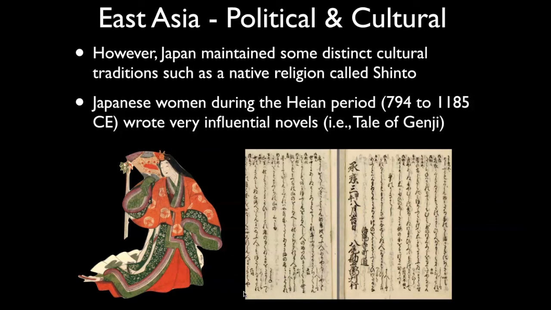It's one of the most famous examples of early fiction writing, and it was produced by a woman. And so we can identify maybe a difference in the force with which the patriarchy influenced women in China versus Japan. So in China, we talked about that practice of foot binding, and you can contrast that with the sort of role that Japanese women played in producing a lot of important early literature.